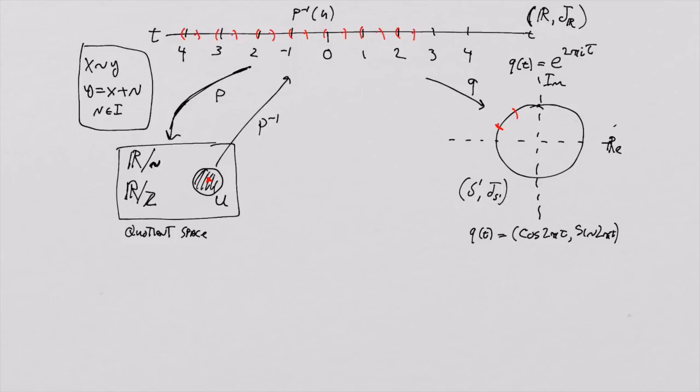So again, infinite unions and finite intersections are all in the topology as well. But I know that Q is continuous because Q inverse, if I take an open set in this topological space and I use this mapping in the inverse form, I end up with this string of open intervals which is open in R. So I know that Q inverse maps open sets to open sets. Therefore, I know Q is continuous.